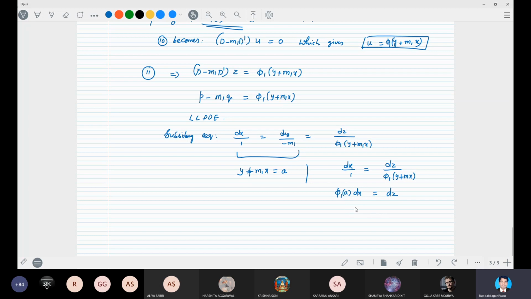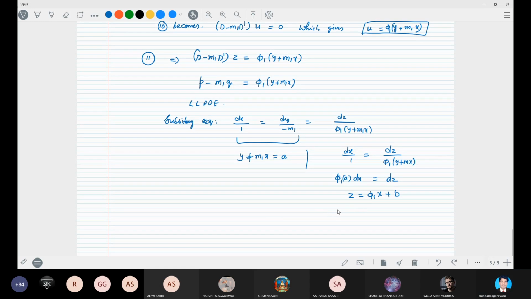Now integrating on both sides, z is equal to phi 1 of a into x plus some constant b, constant of integration. Phi 1 of a is a constant.